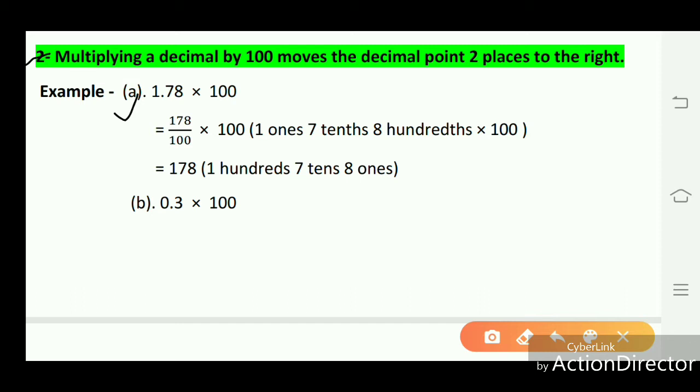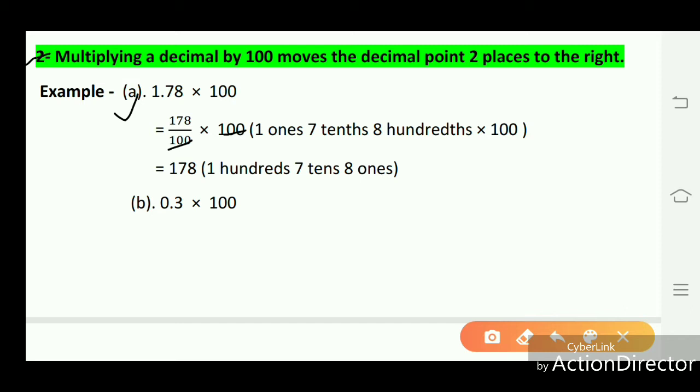So we write 1.78 in fraction form as 178 upon 100 and multiply by 100. That is 1 one, 7 tenths and 8 hundredths multiplied by 100. So this 100 divides this 100 one time and we get 178, that is 1 hundred, 7 tens and 8 ones. So when we multiply 1.78 by 100, we get the product 178.